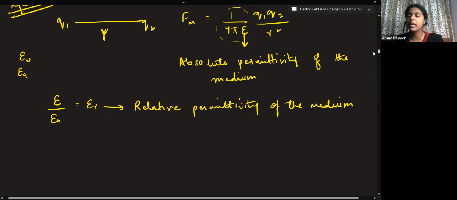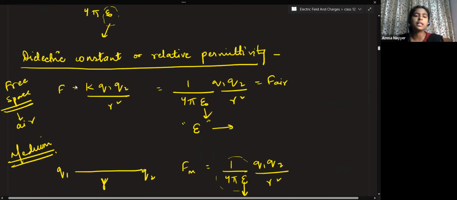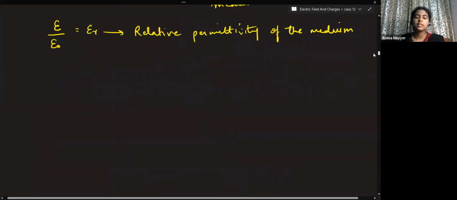One more thing, we have studied this K, this constant, whose value in air was 9 into 10 to the power 9. You can relate it to epsilon and epsilon naught as well. See, epsilon divided by epsilon naught is also equal to K. So epsilon is equal to relative permittivity of the medium multiplied by permittivity of free space.